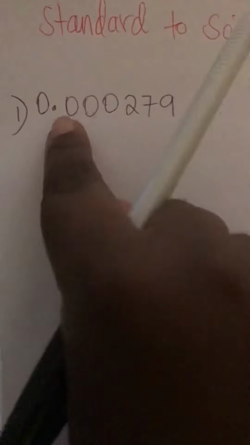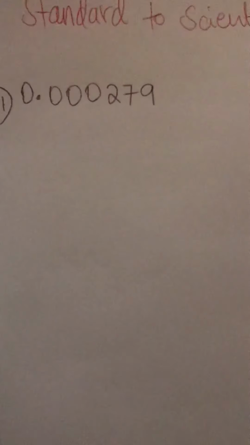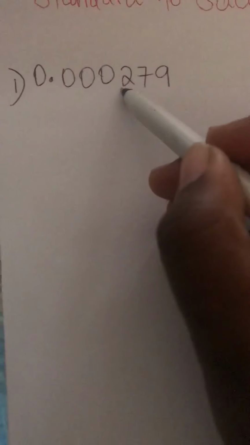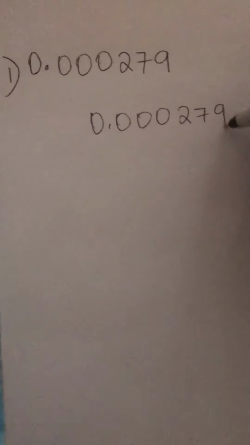So this is standard, and then you want to write it in scientific notation. Okay, so we said our engine cannot have 0. So the first 2 digits that are not 0 are 2 and 7. So I'm going to rewrite my question again. And whatever I am doing, you should also try and do that, so you avoid mistakes.